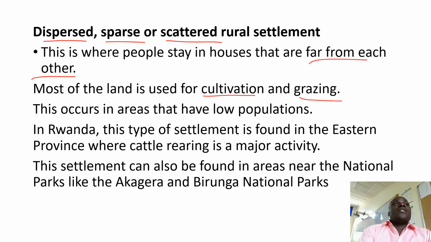If you visit our districts of Eastern Province, you will find scattered settlements, because in these districts people carry out animal keeping, and even areas near the national parks have this type.